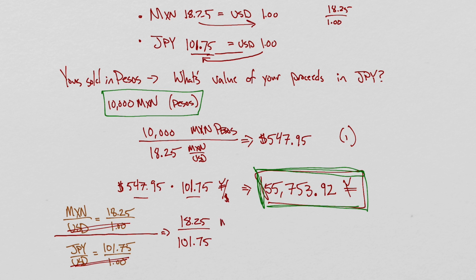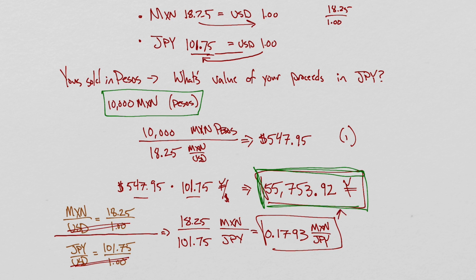So my Mexican peso to Japanese yen exchange rate is 18.25 to 101.75. And so the last step is if I'm going to go from 0.1793 Mexican pesos to Japanese yen, I kind of see how I'm going to go there.